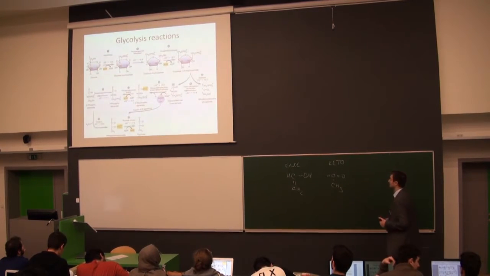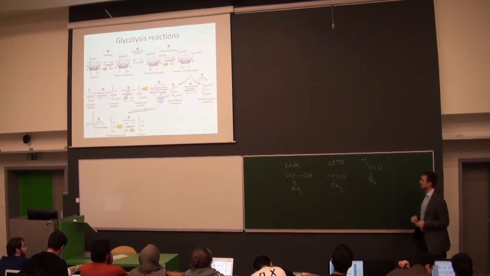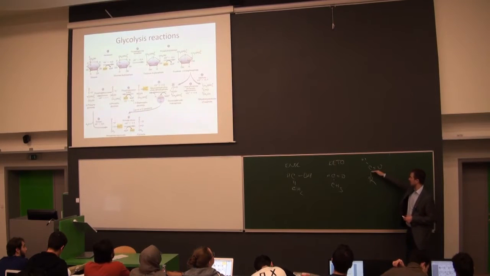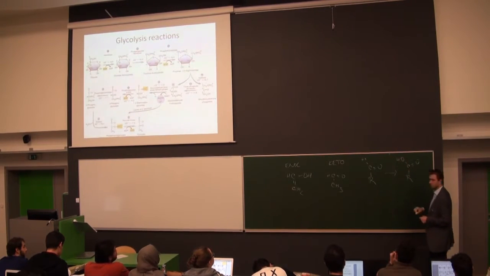So if we take the glyceraldehyde, the upper part of the molecule, so this is the glyceraldehyde, yes? This is the aldehyde group. What you do is that you convert it to a carboxy group. This is the carboxy group.